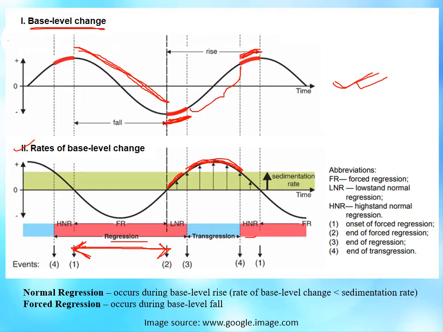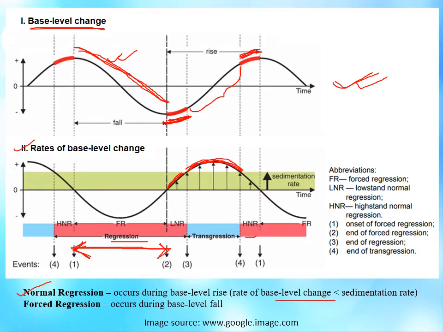Except these, in all other conditions within this curve, an area suffers regression. Now sometimes regression can occur due to simple base level change which is greater than the sedimentation rate, that is this portion where the sea level fall is the main cause for regression, and that is called normal regression.